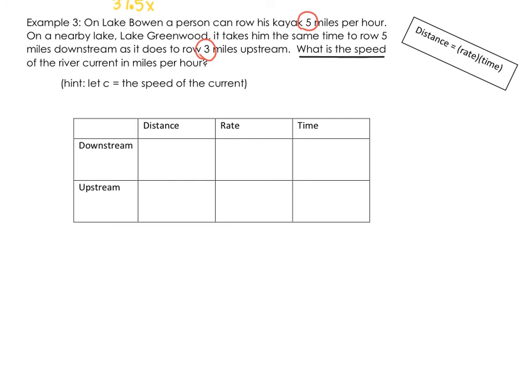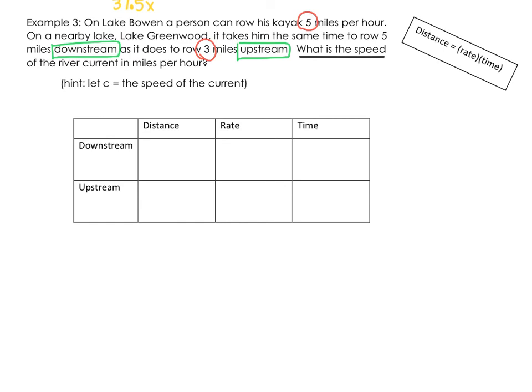And then I'm going to box any keywords. I'm thinking that downstream and upstream are important. Any unnecessary information, like the names of the lakes, I really don't need. It's just sorting through two different scenarios.